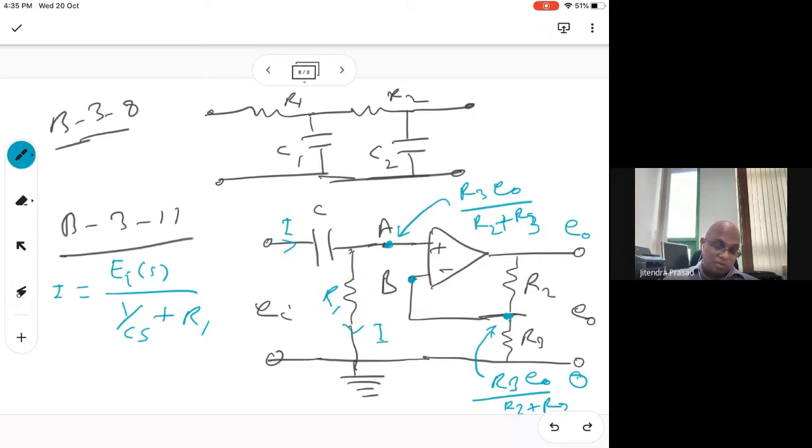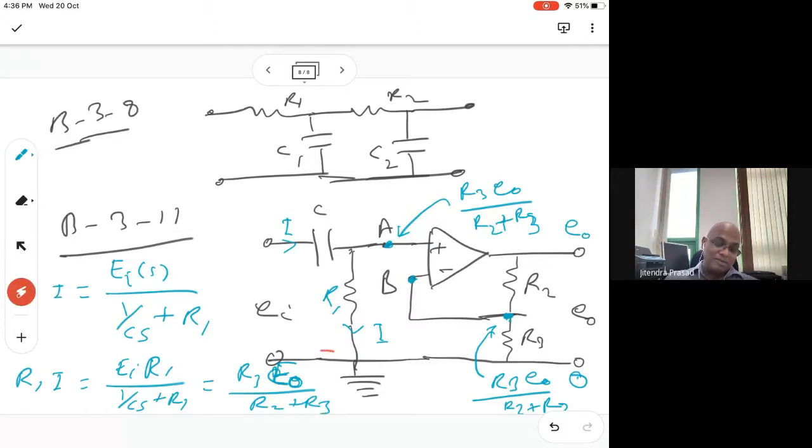So R1 times I, right, which is equal to EI times R1 divided by 1 over CS plus R1, is equal to R3 E naught. E naught, I will take the Laplace transform. So capital E naught R3 over R2 plus R3.